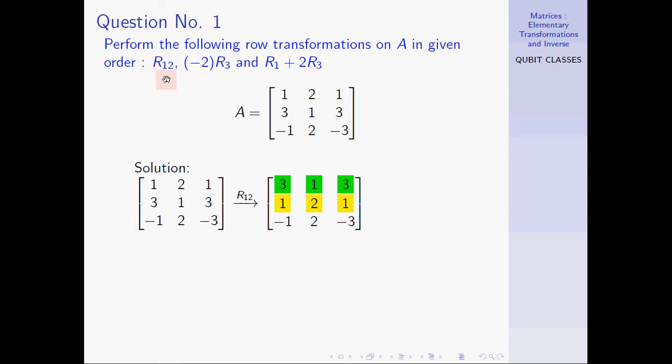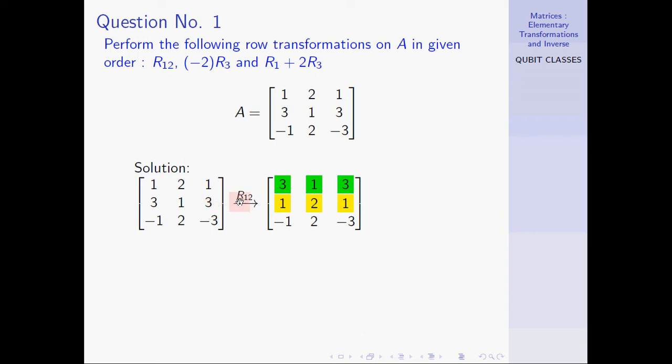Now, the first transformation, which reads R12, means interchanging of row 1 and row 2. So the original matrix had 1 2 1 as its first row and 3 1 3 as its second row.